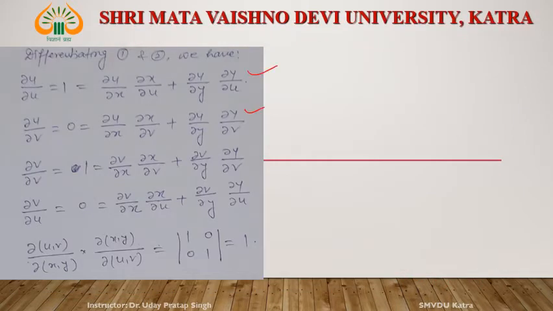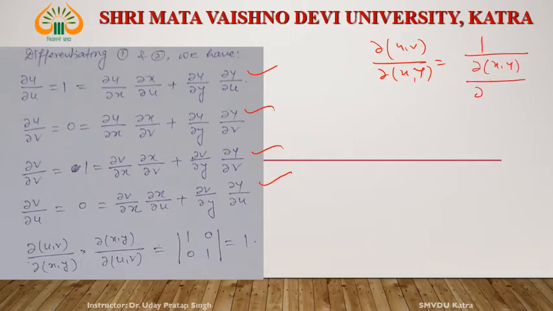See, these are the derivatives, and the product is 1. It means ∂(u,v)/∂(x,y) is equal to 1 upon ∂(x,y)/∂(u,v), right?